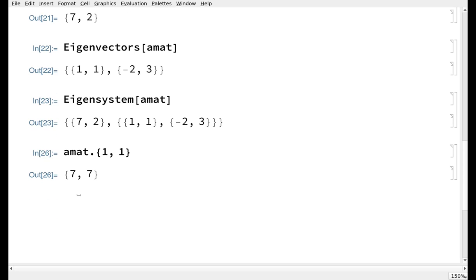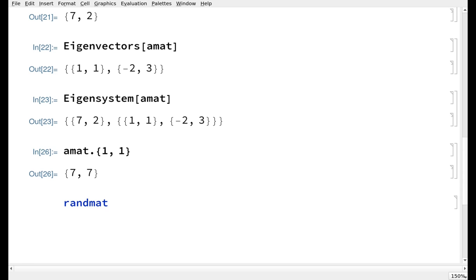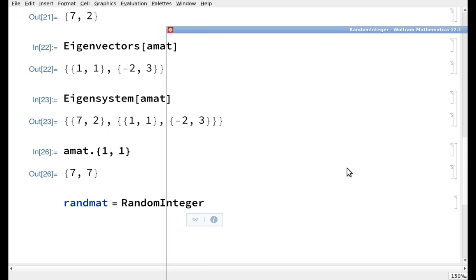So let's really exercise it. Let's give it a random matrix. Let's say a rand matrix. I think I can just generate a big random matrix by taking random integer. Good online help system here.